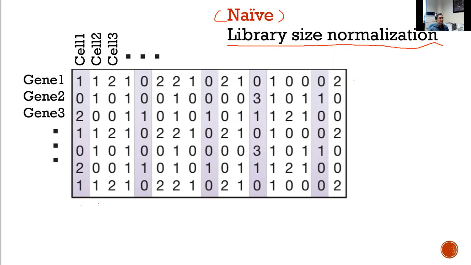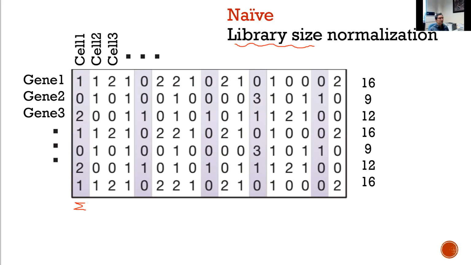We assume that if you don't do this, library size means the sum of the column, the detected counts across all the genes. You sum it, and that's the library size for each cell.